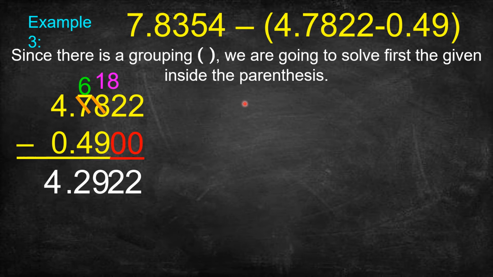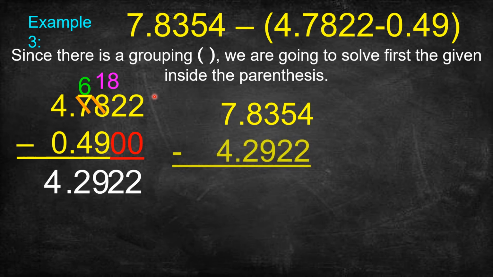So, next step na tayo, isulat na natin yung unang given, yung ating 7 and 8,354 10,000 minus, kasi minus yung ating operation, doon sa nakuha nating sagot which is 4 and 2,922 10,000. And then, tingnan natin yung ating given ay parehong merong 4 digits or hanggang 10,000. So, no need to add zeros.